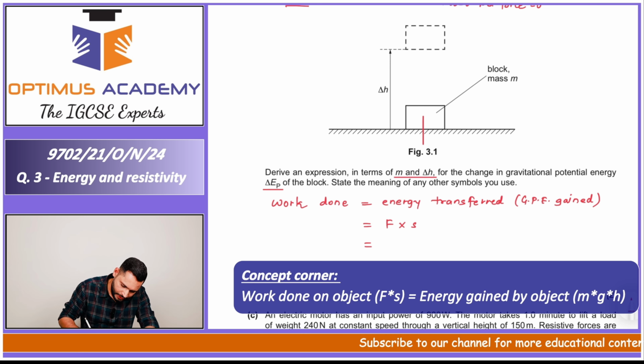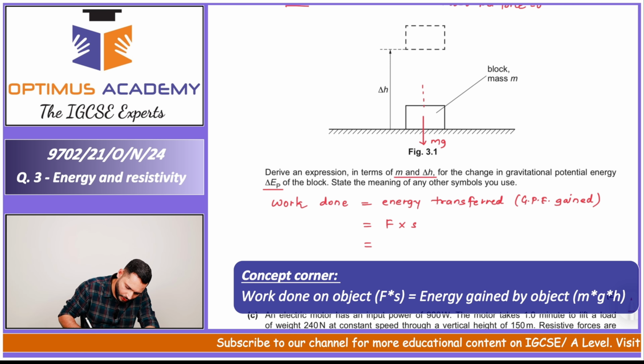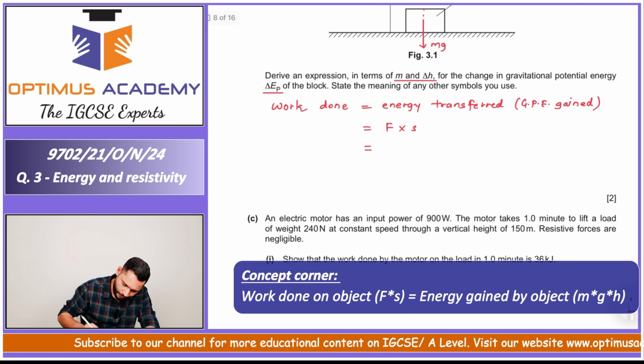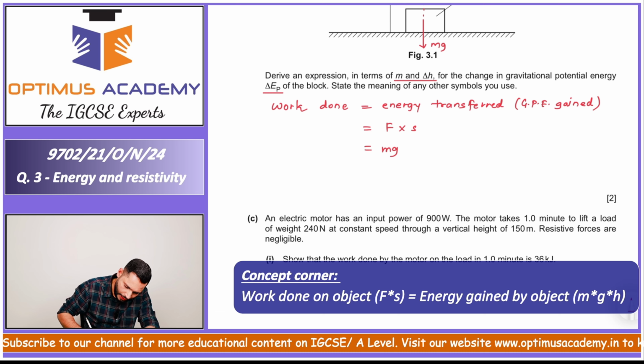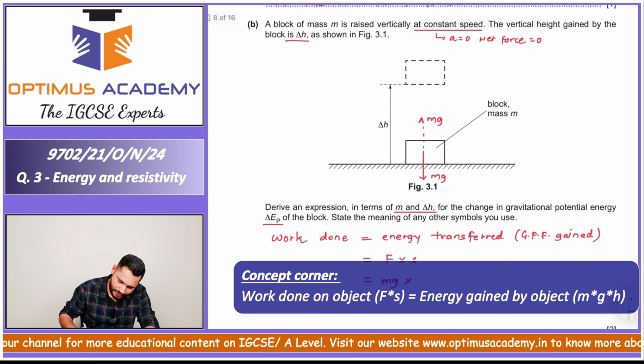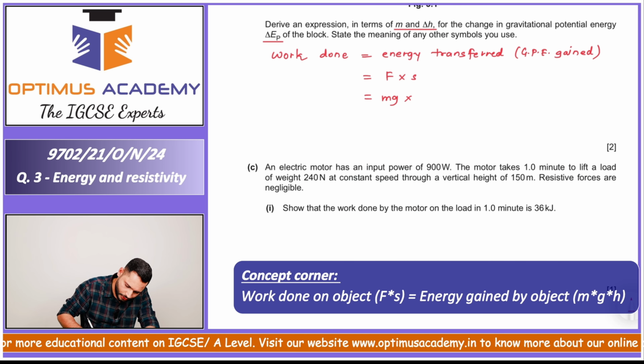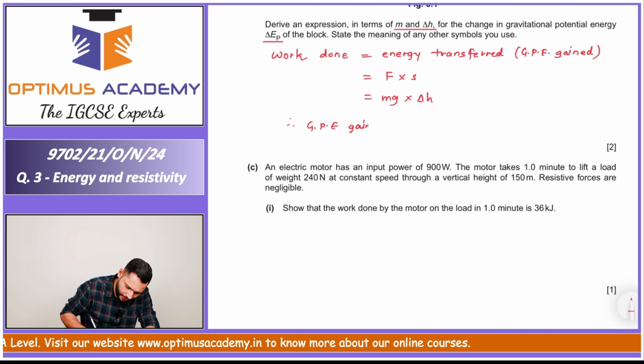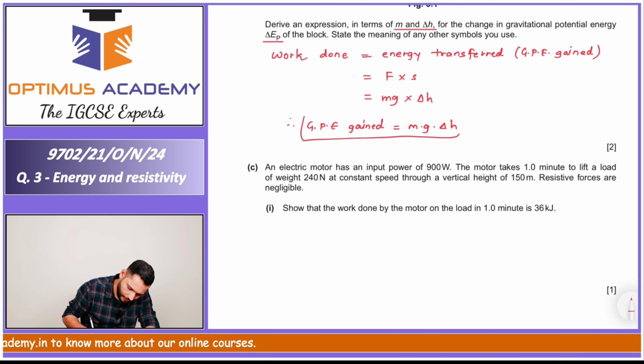So the downward force is weight of the object, that will be mg. So when you are raising the object upward, then also you will be applying force equal to mg. So it is mg, and that makes the difference in height of delta h. So S will be delta h, and so GPE gained is equal to mg delta h.